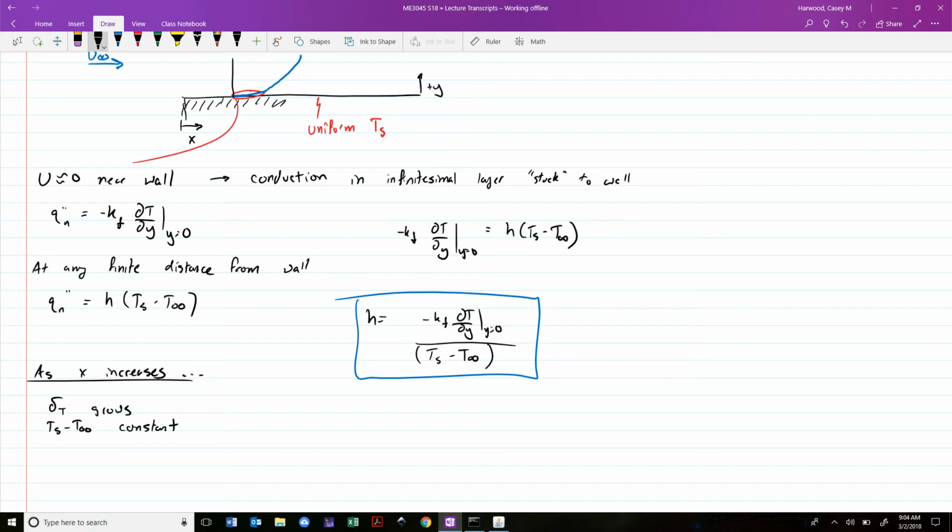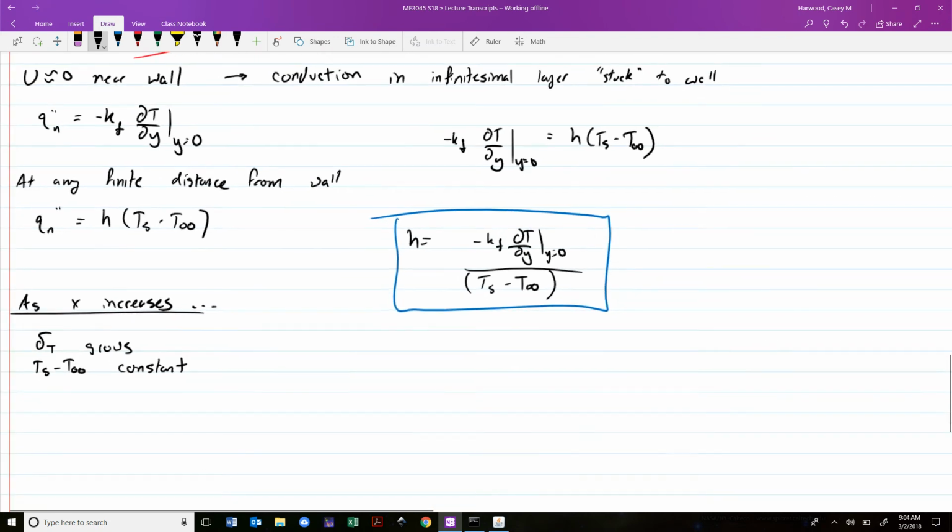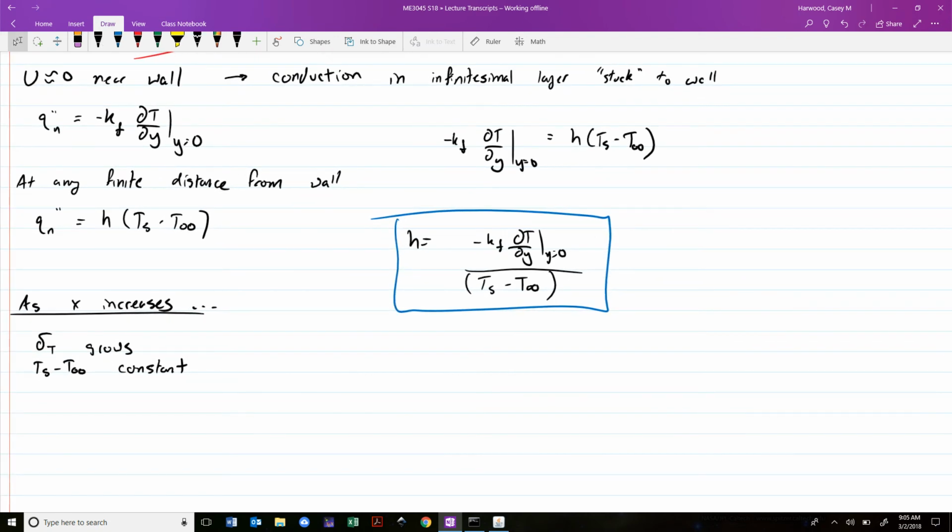So if we have the same temperature jump, Ts to T infinity, occurring across an increasing distance, that thermal boundary layer, then the gradient, the slope of the temperature, has to be decreasing everywhere. So by intuition and reasoning, dT/dy is going to decrease.